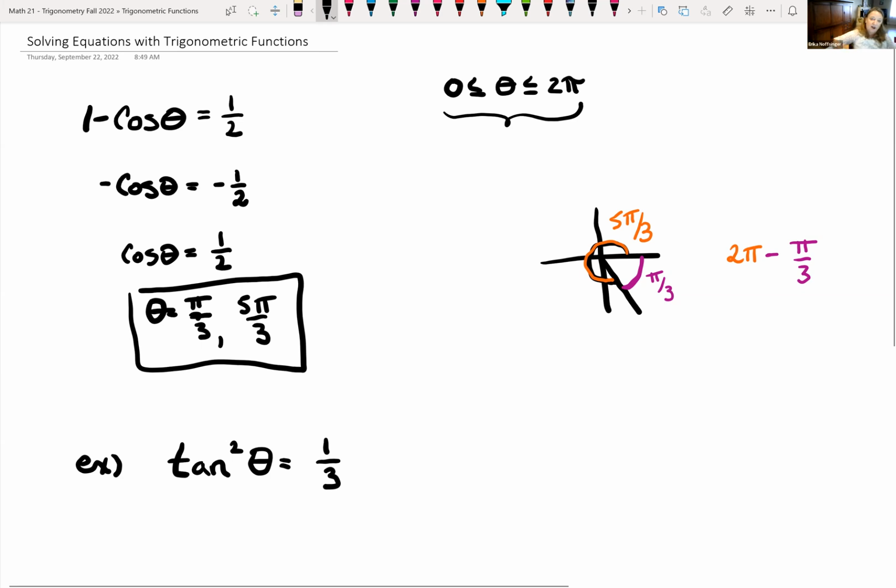Again, we want to find all the values of theta between 0 and 2 pi that would satisfy that equation. So I have tangent squared theta, I want tangent theta.